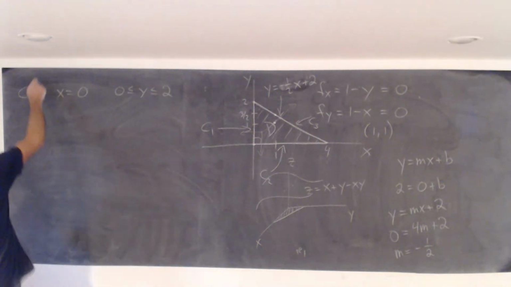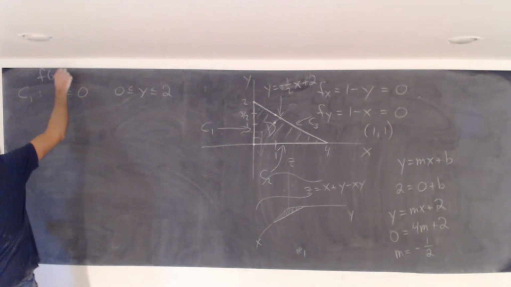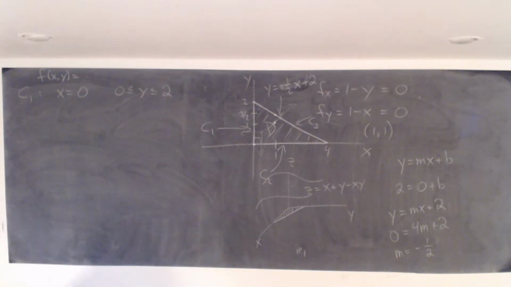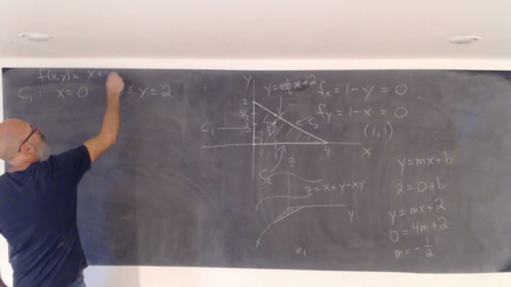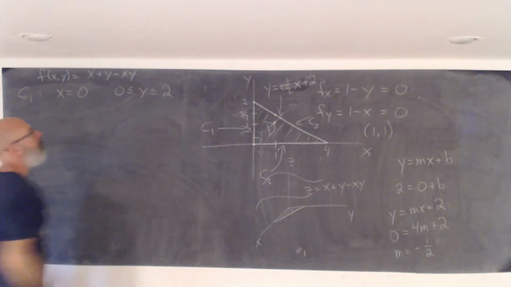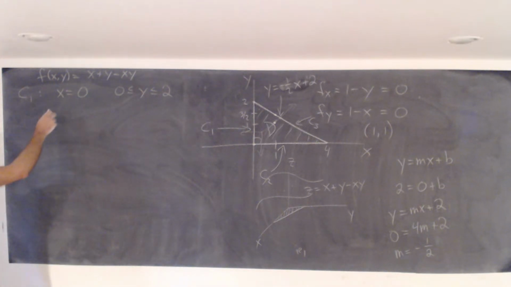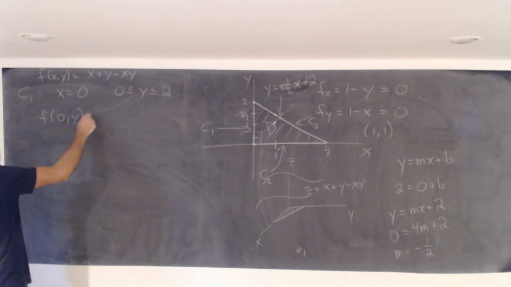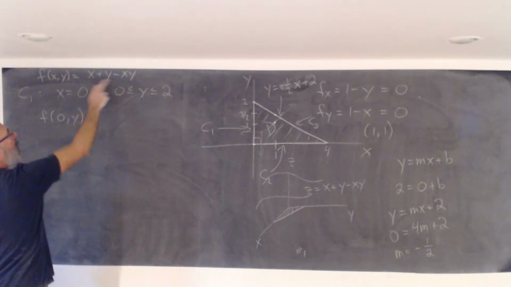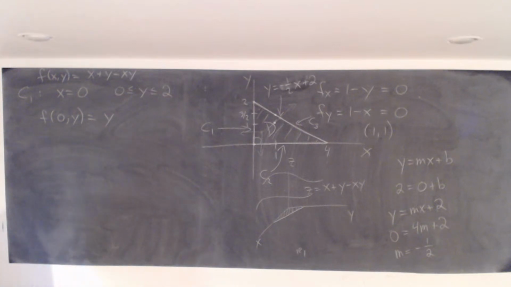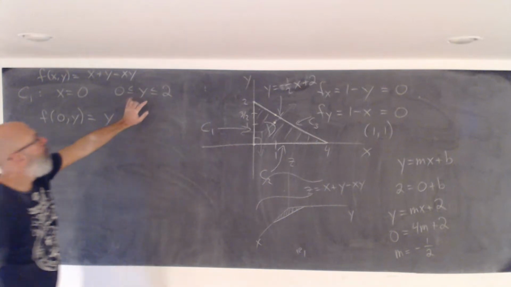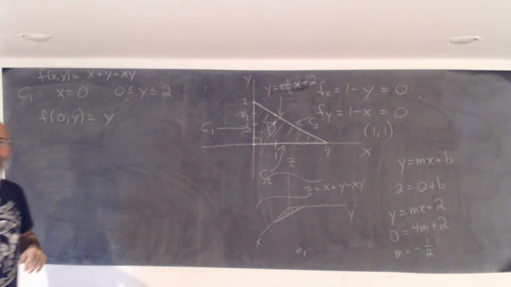I've rubbed it off, but we had a function. What was our function? x plus y minus xy. So your function, when x is 0 and y is allowed to vary, is just the function y, where y is between 0 and 2.